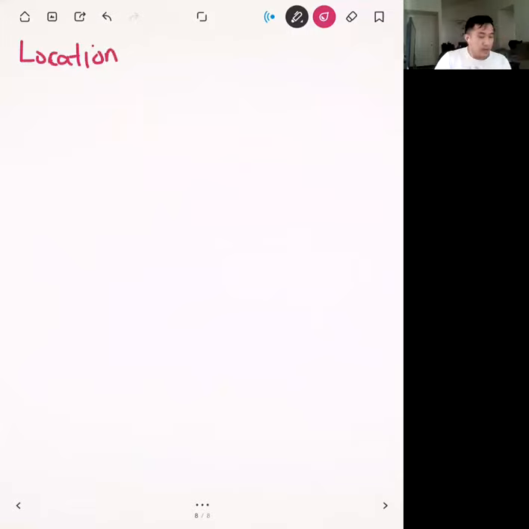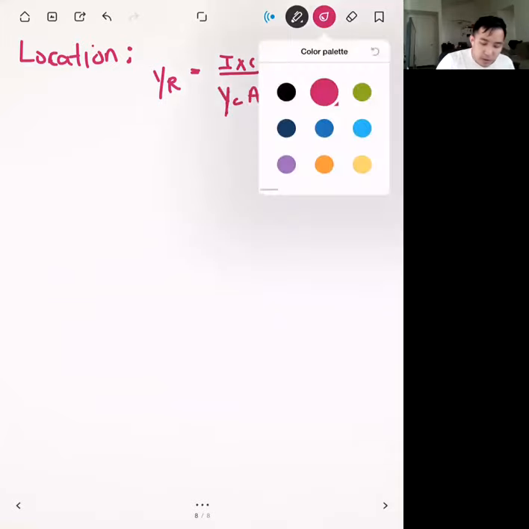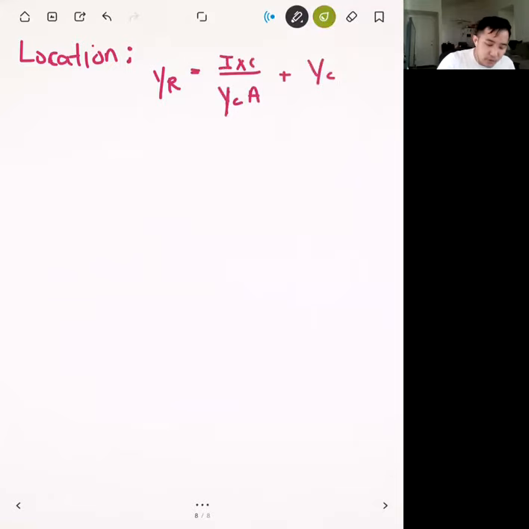Now let's compute the location. Remember our formula for the location is given by this: I_xc divided by y_c A, plus y_c. The area we've already computed in the previous part.